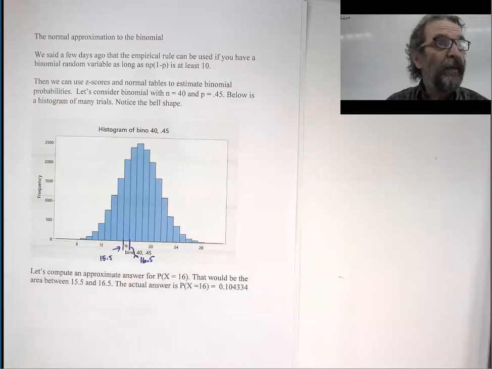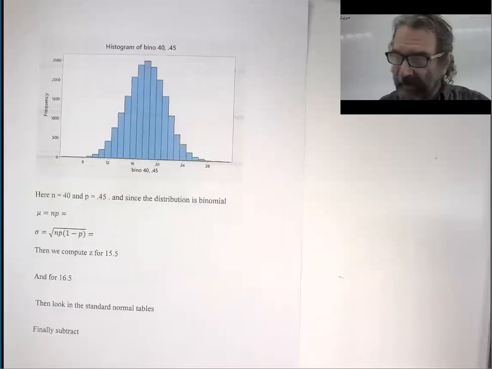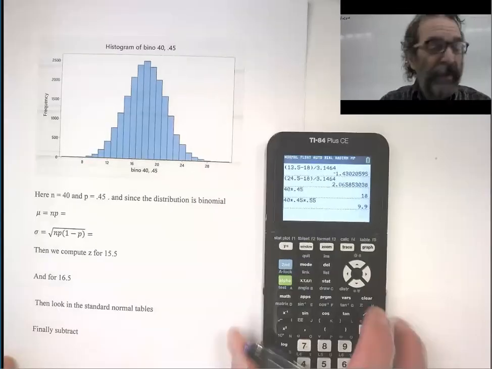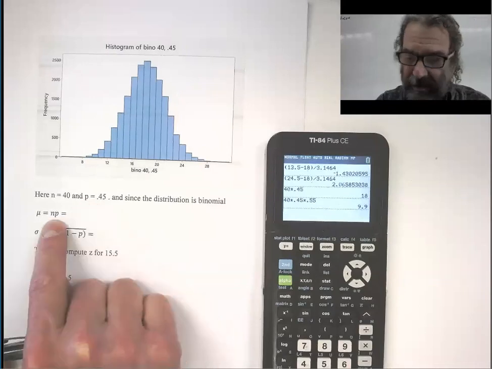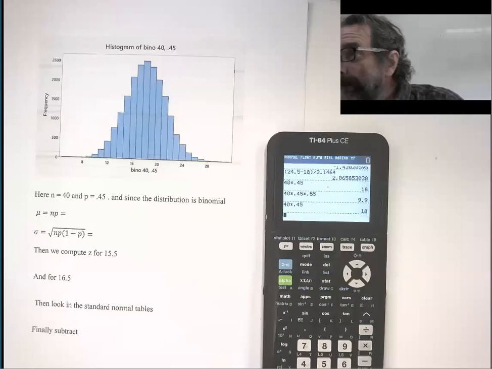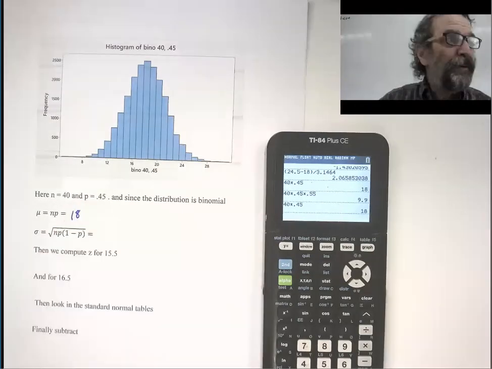So let's go ahead and do that. It's on the next page. Here we go. So it says here, n is 40 and p is 0.45. So mu is n times p. So 40 times 0.45 is 18. That's what I was trying to type before. I got carried away.